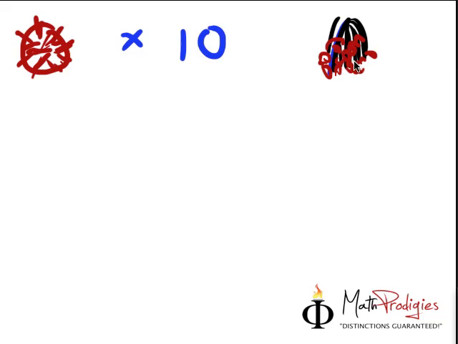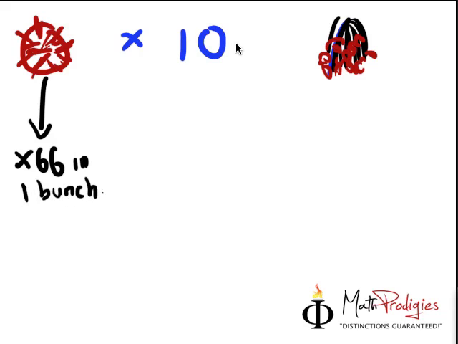In each bunch, according to this question, there are 66 in one bunch. And how many bunches does she have? She has 10 bunches.